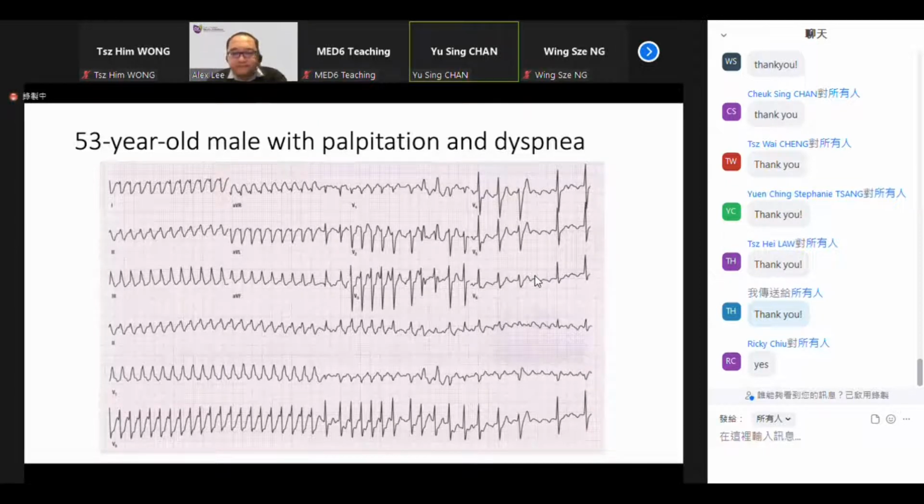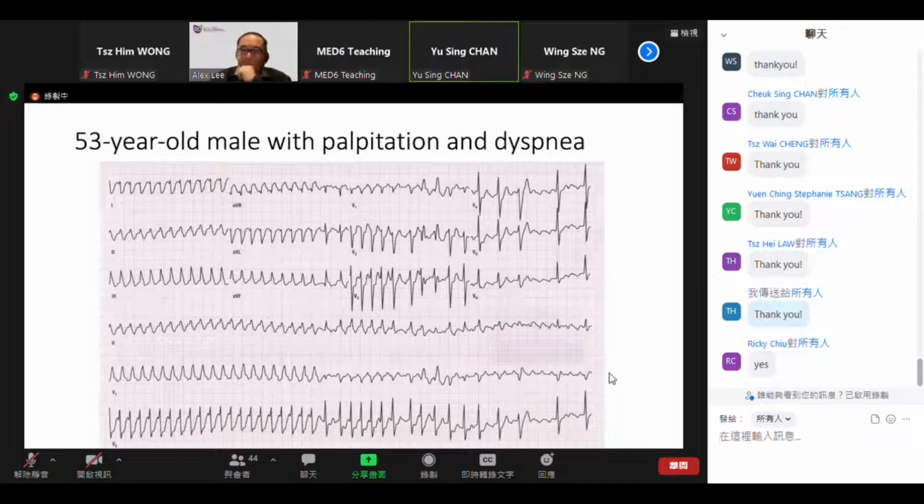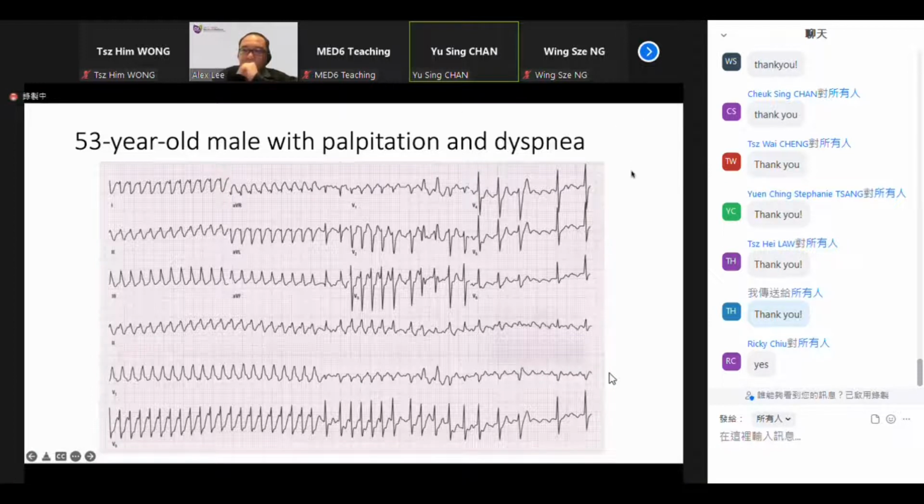Okay, I think I can't see the P wave very well. It looks to me that the QRS is widened, and I think this may be a ventricular tachycardia. Okay, yes. Why? Are there any differential diagnoses in patients with wide complex tachycardia?